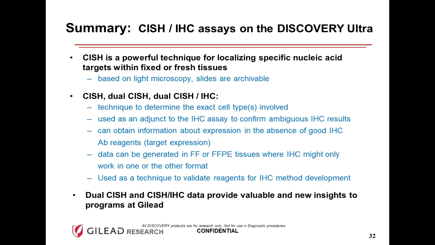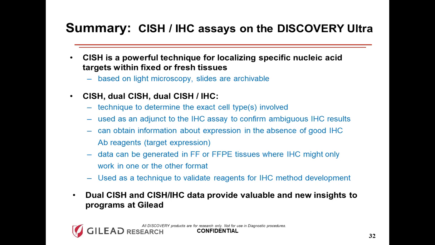The data can be generated from both fresh frozen or FFPE tissues, where I showed you. And in the example where we had that secreted enzyme within the matrix, the IHC only worked in fresh frozen and not in FFPE, so we were able to make sure that that was a true signal.